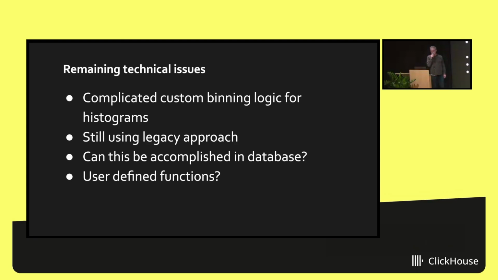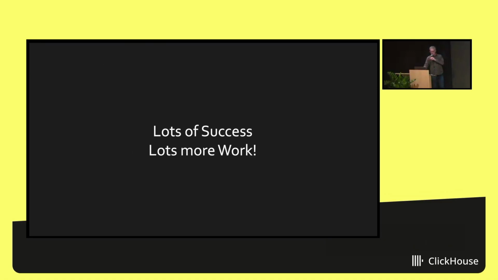So I think we're probably going to have to do user-defined functions for that. So that's a subject that we're going to be exploring. So that's all I got. Thanks again. And thanks to ClickHouse.